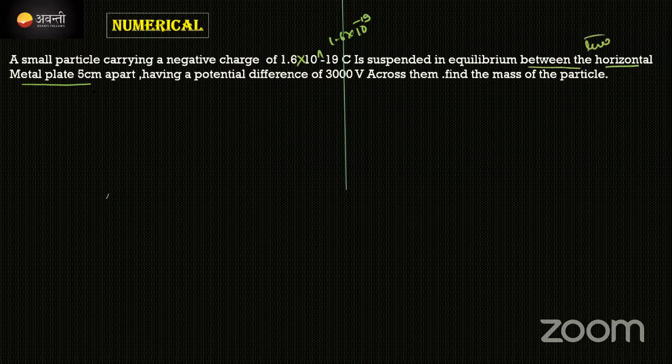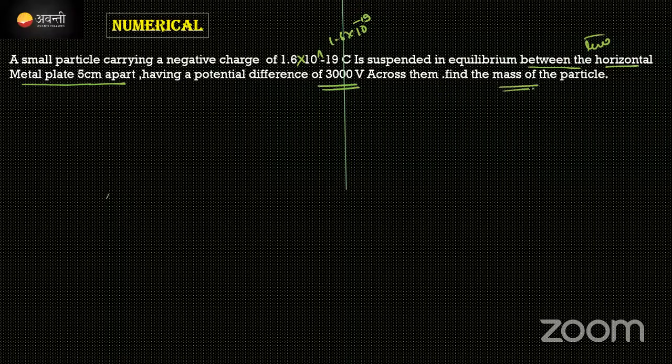Two horizontal metal plates, separated by a distance of 5 centimeter, having a potential difference of 3000 volt across them. Find the mass of the particle.